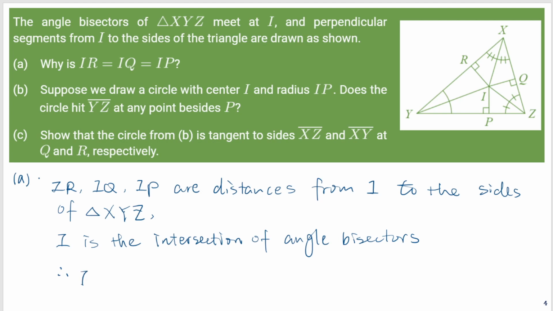Then we know IR must equal IQ, which equals IP, right? Can you follow me?